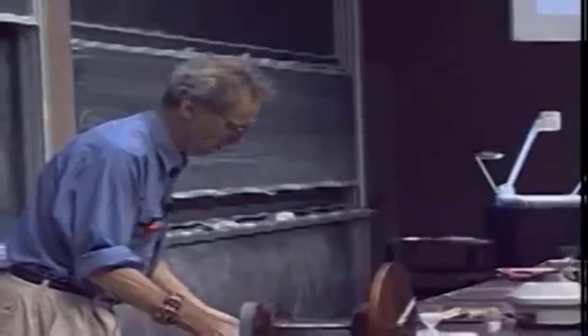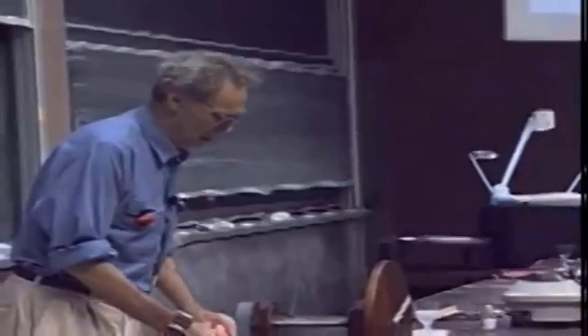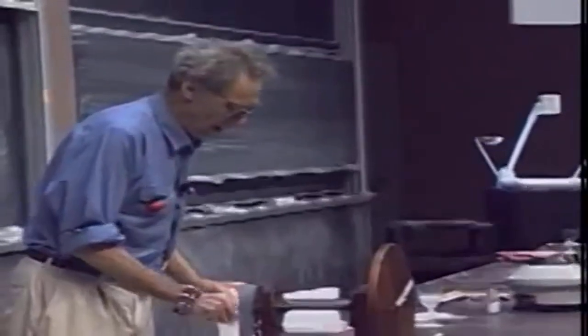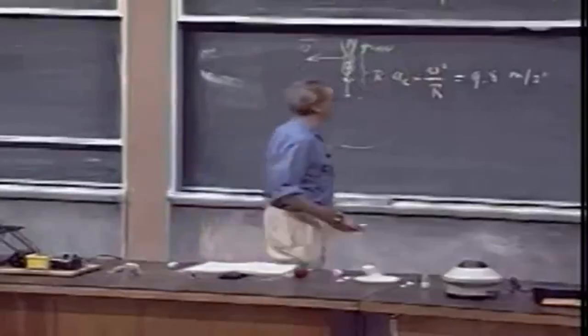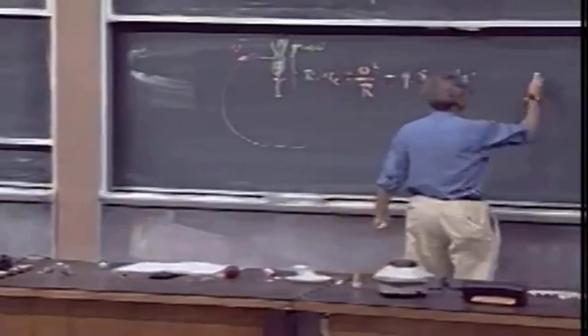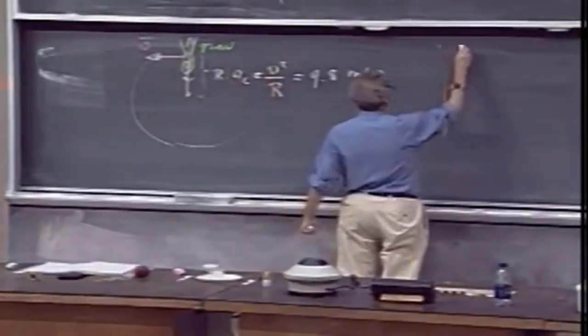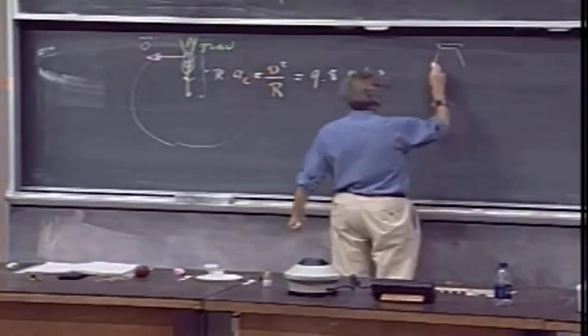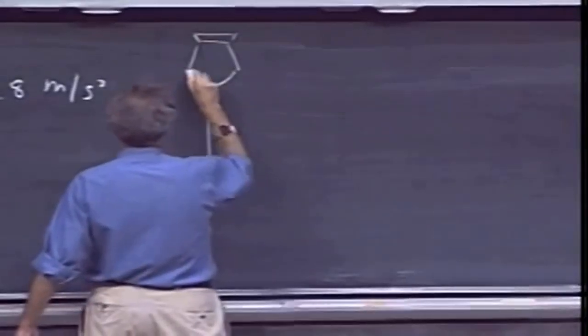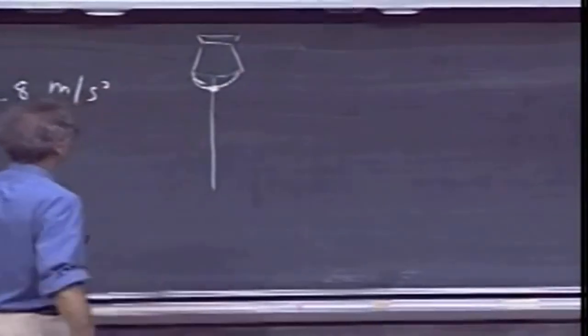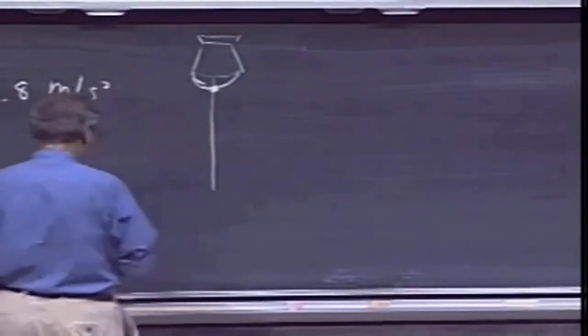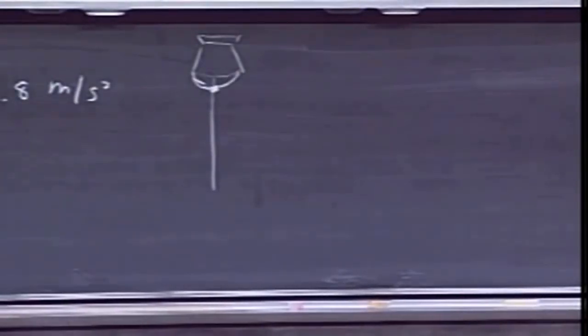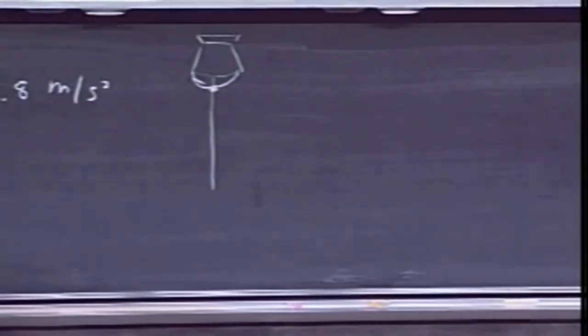Now comes the question, how real is this? This is very, very real. It is so real that if I took a bucket of water instead of you, and here is the bucket of water, I attached to the bucket a rope, I swing it around, and I swing it around such that the centripetal acceleration is substantially larger than 9.8.